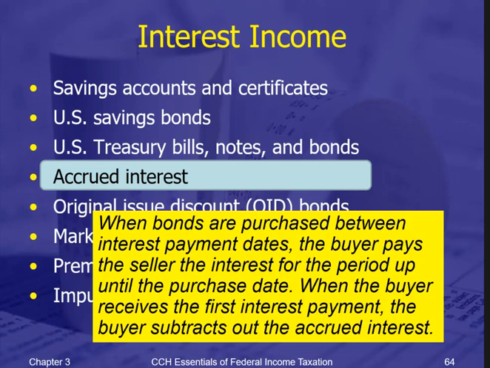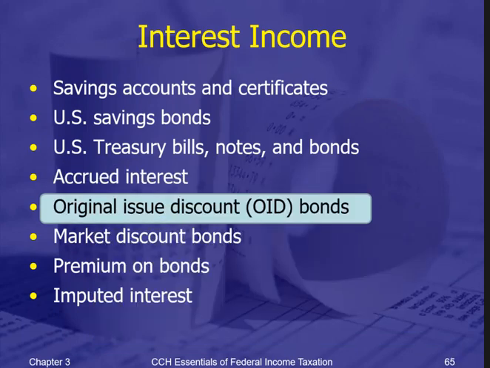So you pay interest for the time period that you didn't own the bond, and then when you get paid for the entire period, you get to deduct that amount, and you only include the difference between the whole amount and the time that you didn't own the bond.